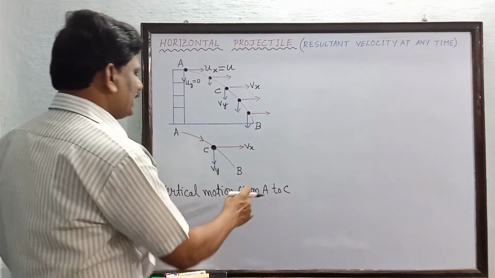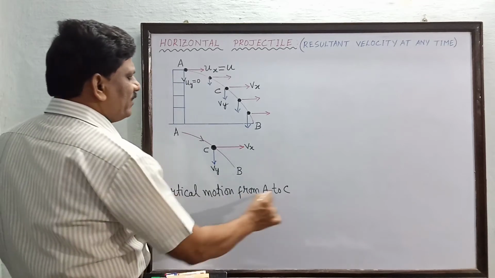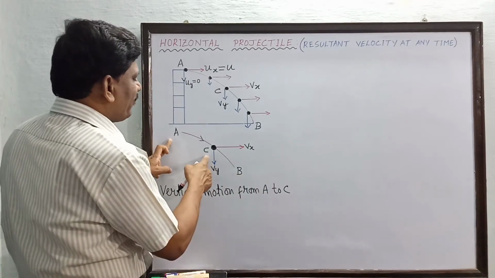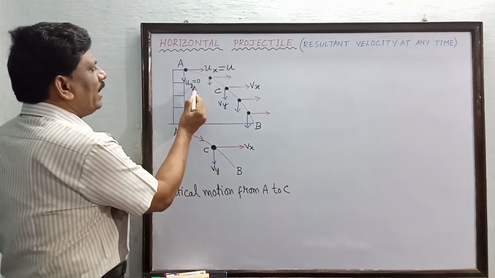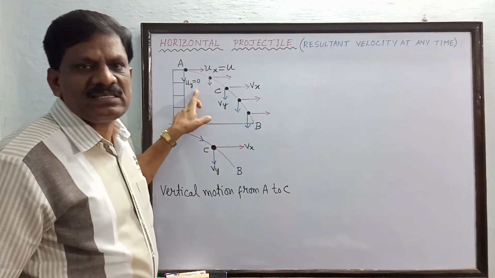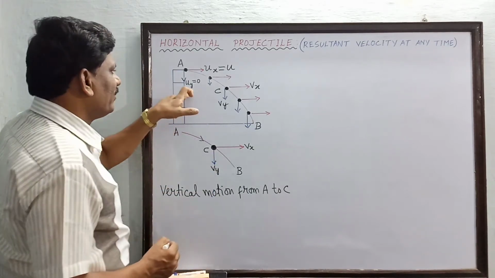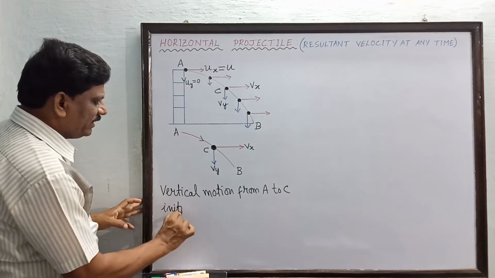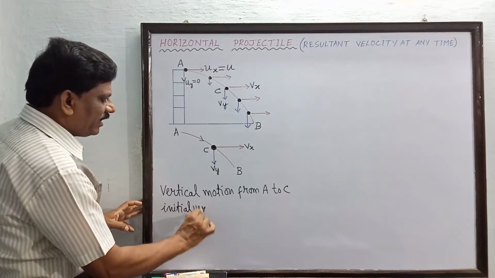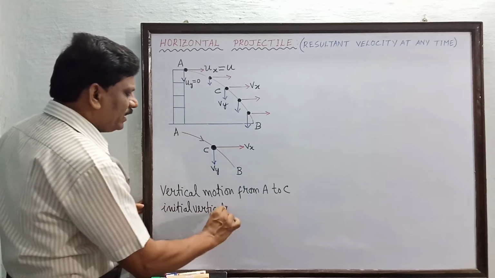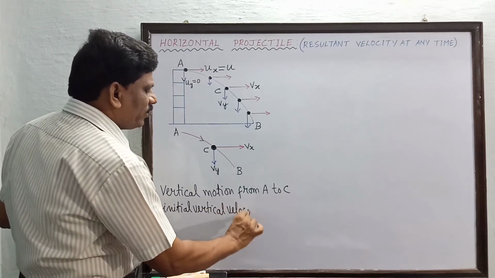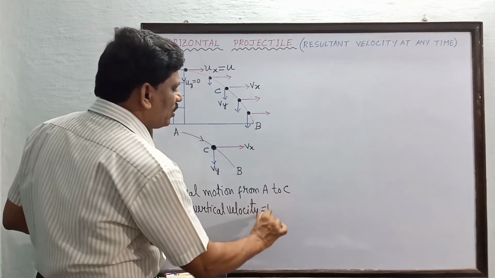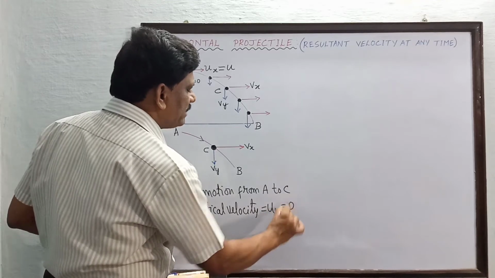In that time t, I investigate the vertical motion of the projectile from A to C. At A, what is the initial vertical velocity? The initial vertical velocity, with symbol Uy, is equal to 0.